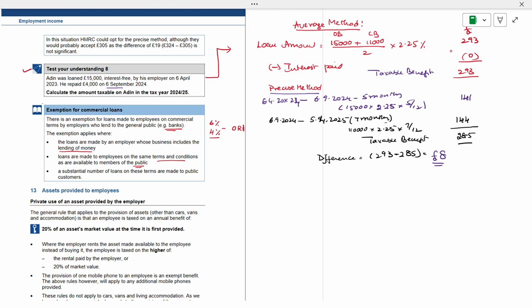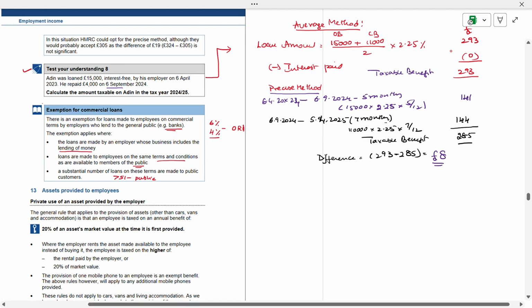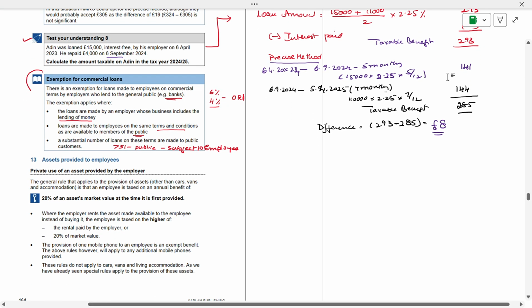It should be more than 51% to the public, and employees should be marginal. If that is the case, then the exemptions for commercial loans will apply. Rarely tested, right?